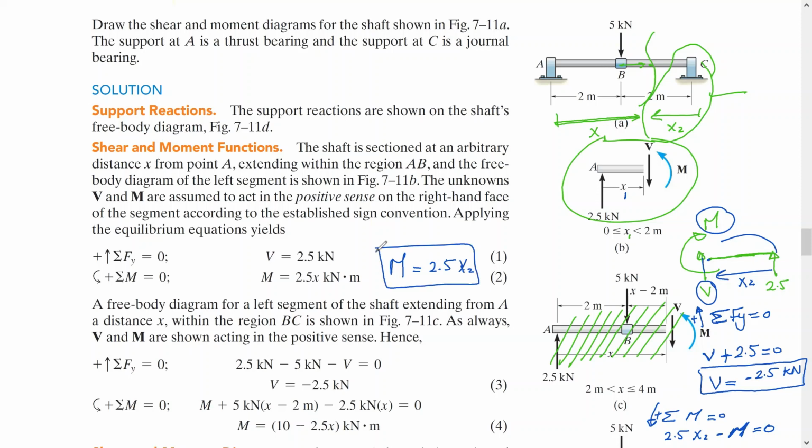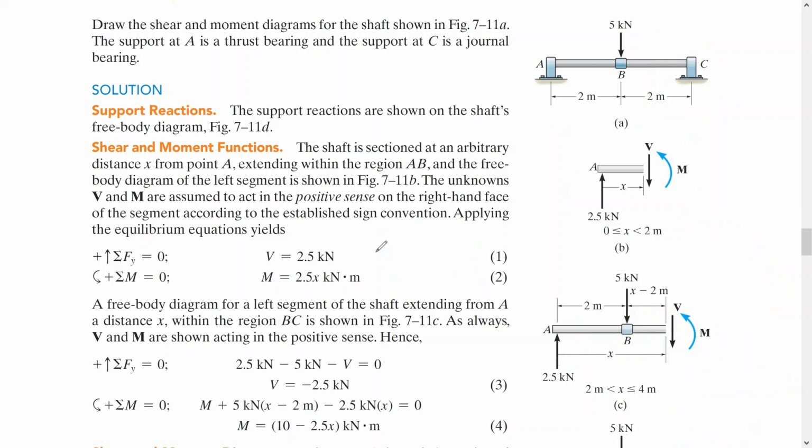Right now, let me clean this up. Here we have V equal to 2.5 kilonewton, and the moment is equal to 2.5 x1.